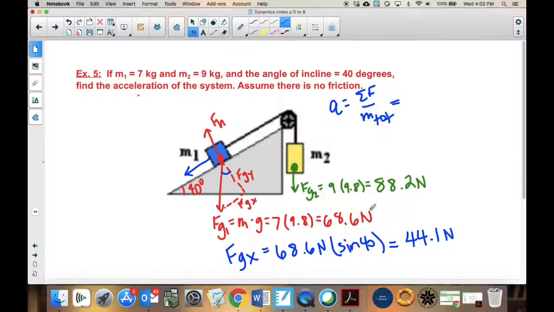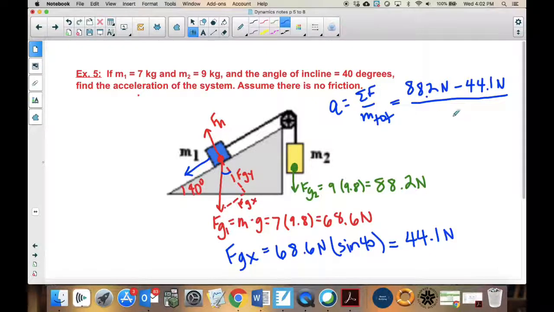Okay, that is the force going down the ramp, and then this force is coming this way. So for the sum of our forces, we have an 88.2 newton force going in one direction, and we have the 44.1 newton force going in the other direction.